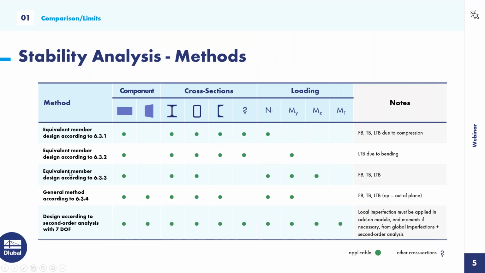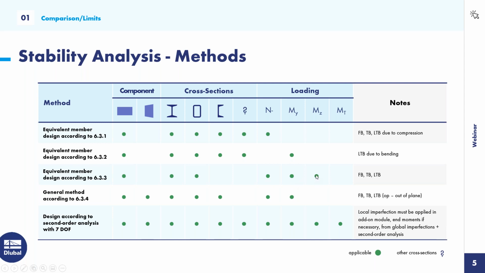We compared the equivalent member design according to 6.3.3 and the general method. Our structure has uniform components. The cross-section is an I-section, and we've got loading, compression, and bending about the principal axis.